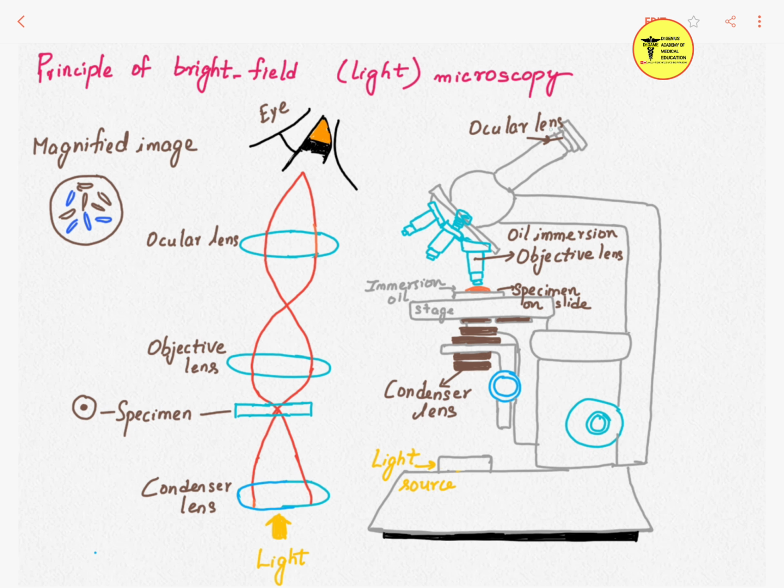In the light microscope, you can see the ocular lens, objective lens, condenser lens, the specimen on the slide, and the light source.